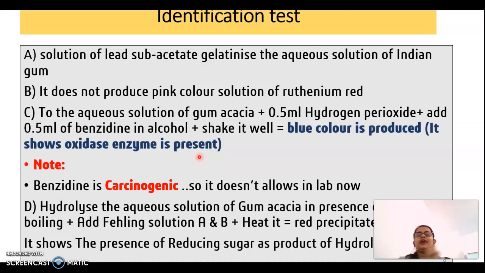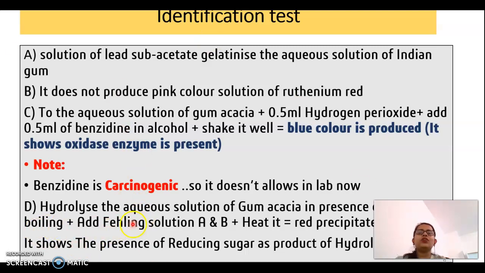That indicates our gum acacia is pure, not adulterated and not a substituent. But nowadays we avoid the use of benzidine in the lab because it seems to be carcinogenic, so we don't allow it in the lab nowadays.